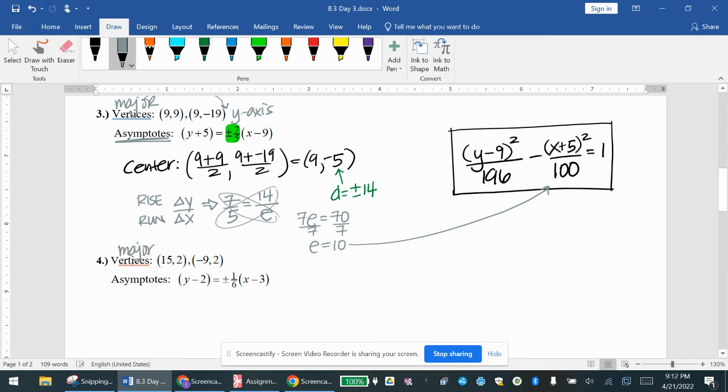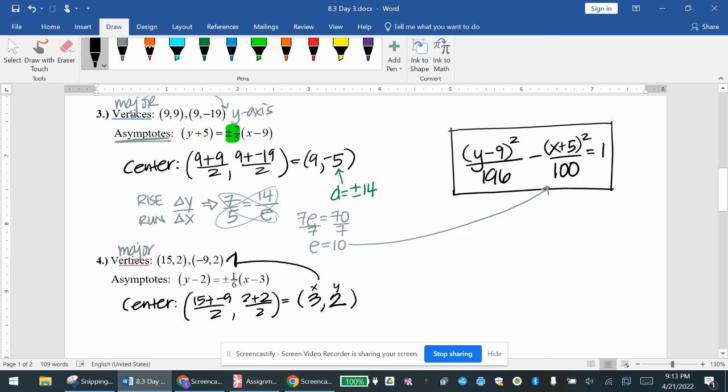Vertices are always on the major axis. So as soon as you find the center, compare it to the ordered pairs given to you in the major axis. And ask yourself, did the x values change or did the y values change? Okay, so here's x, here's y. Compare that to the vertices, right?